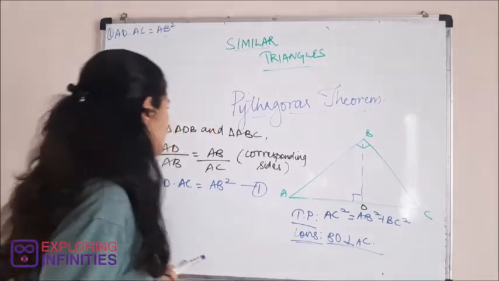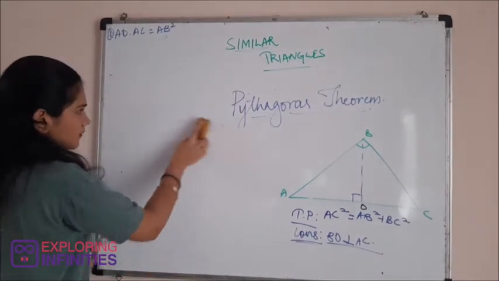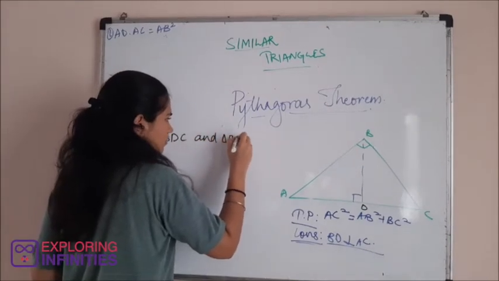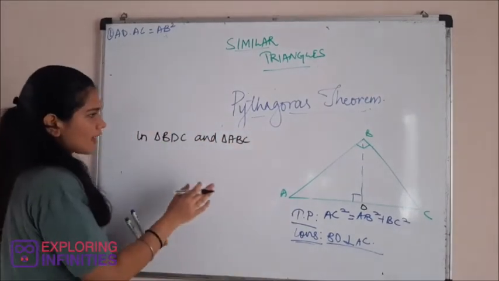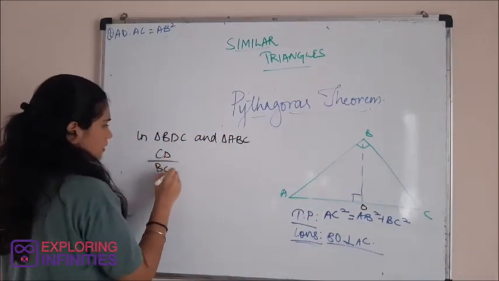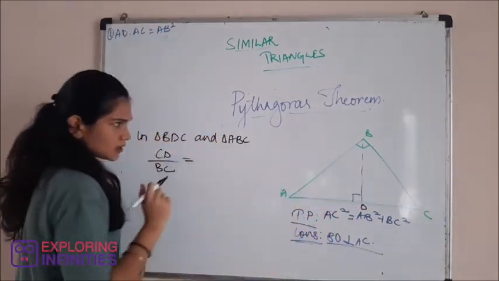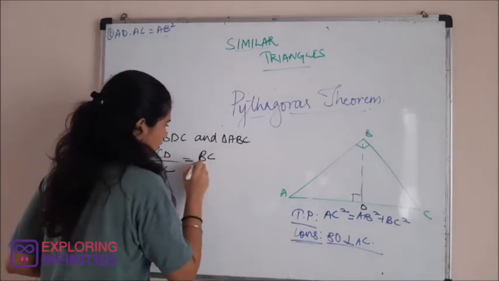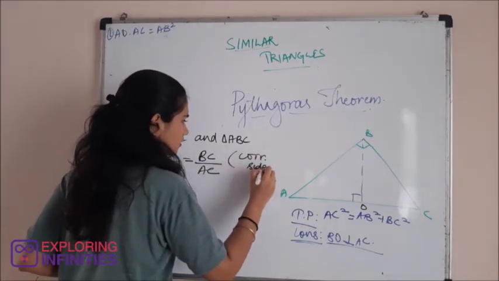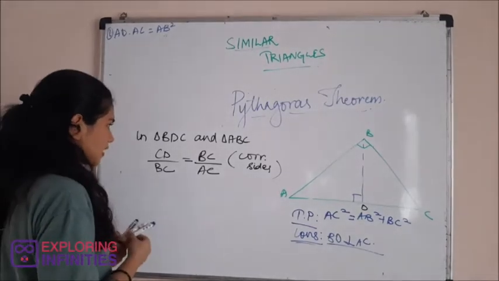Now coming to the second triangle, which is triangle BDC. In triangle BDC and triangle ABC, what do you have? CD divided by BC is equal to BC divided by AC, the hypotenuse, because these two triangles are similar, so corresponding sides would be in the same ratio.